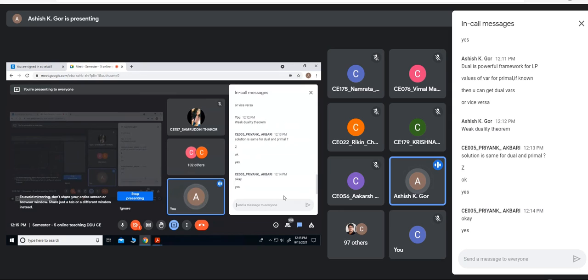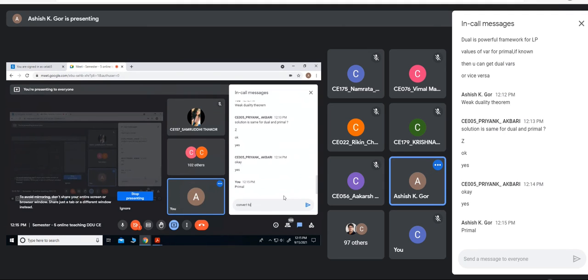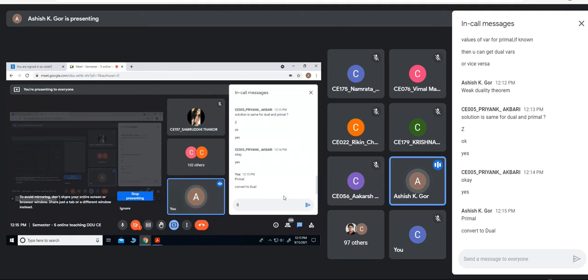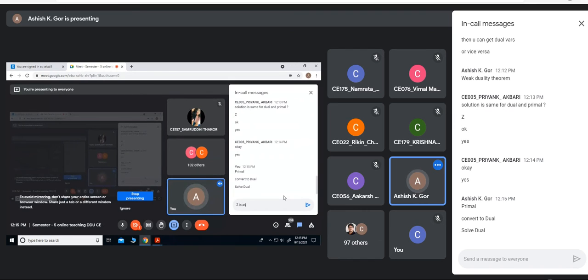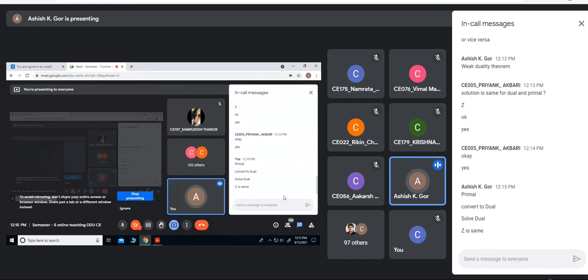If you have, you can get primal variable values or vice versa, and that's why people follow this: they convert primal to dual, then they solve dual, okay, Z is same. So that means the final objective value, minimum or maximum value, will be same whether you solve primal or dual for linear programming.